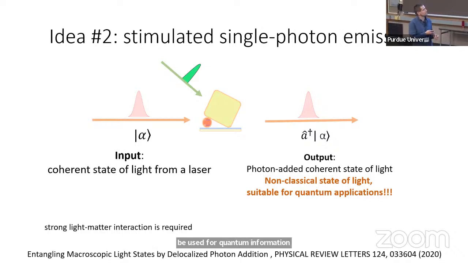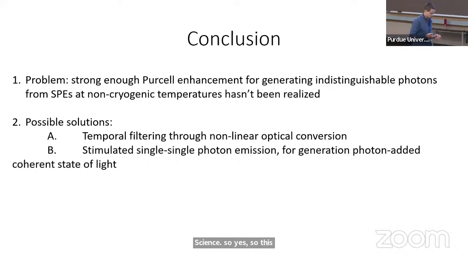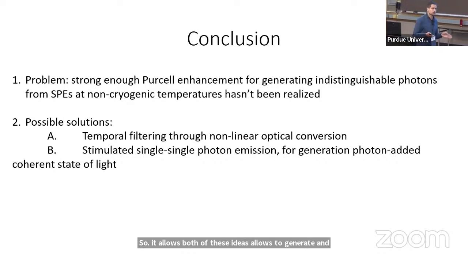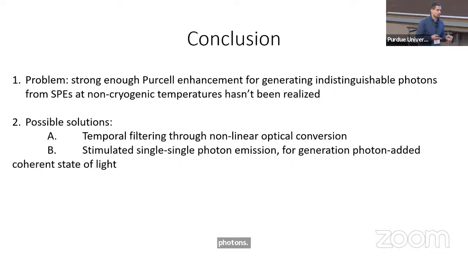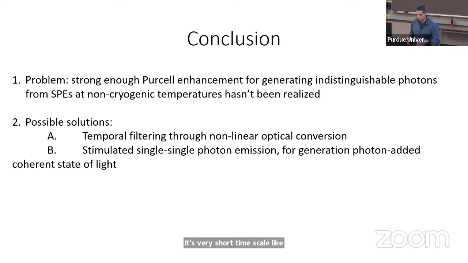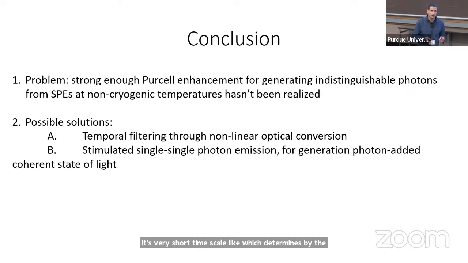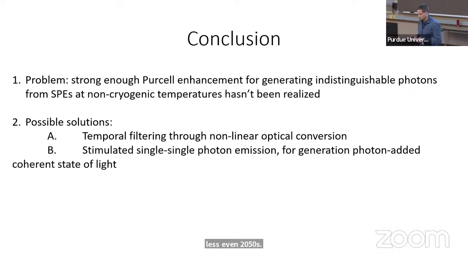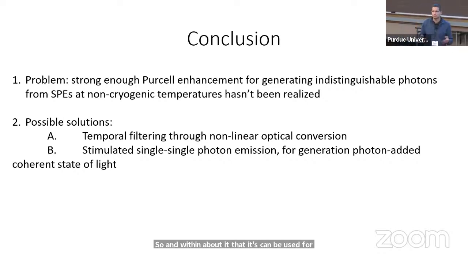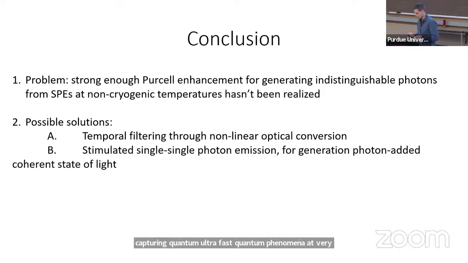So, yes, these are all the ideas I wanted to present. Both of these ideas allow generating indistinguishable photons at a very short time scale, determined by the pulse duration of a laser, which can be as small as even 20 femtoseconds. And the good thing about it is that it can be used for capturing ultrafast quantum phenomena at very small time durations, which is probably not achievable with any other approaches.